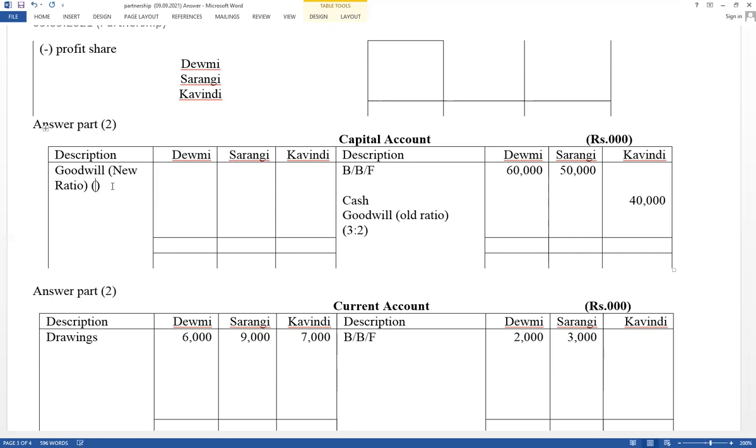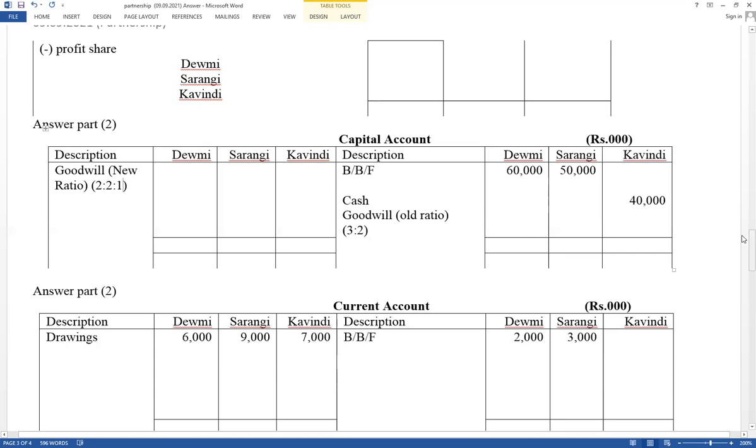It has given new ratio 2:2:1. See the agreements. Therefore, adjust goodwill of the partnership. Think, admission adjustments should be done. First one, cash brought by new partner: cash account debit, capital account credit. And you have to adjust goodwill of the partnership: old ratio credit, new ratio debit.